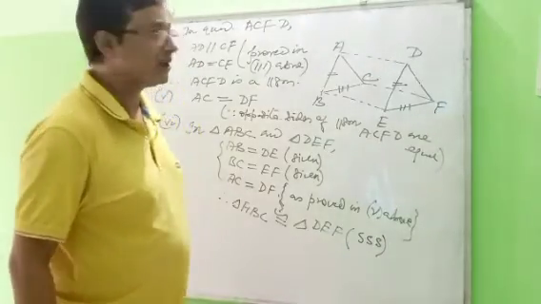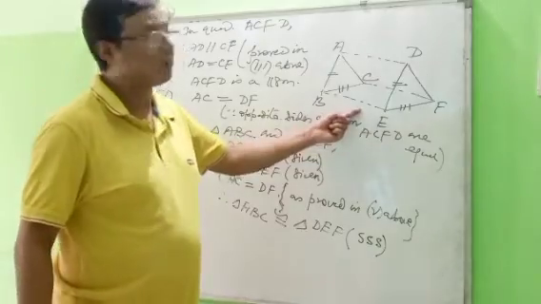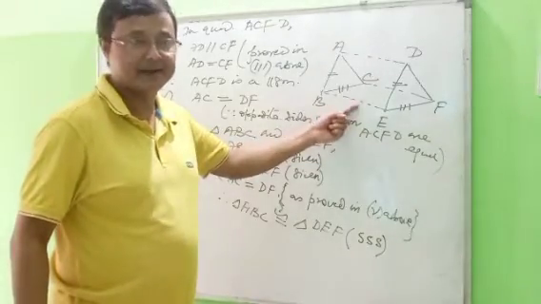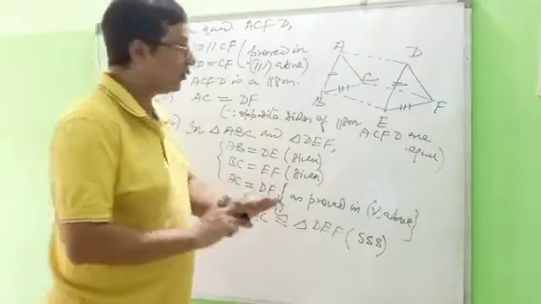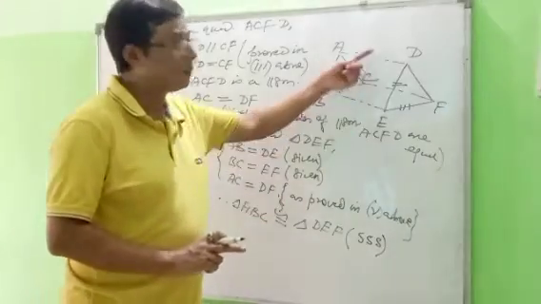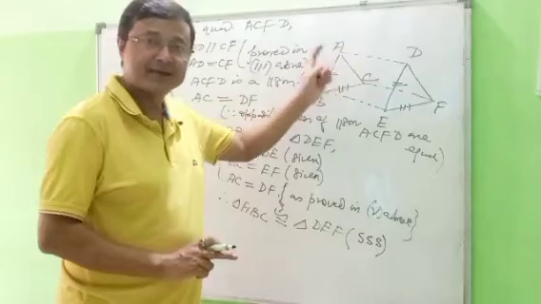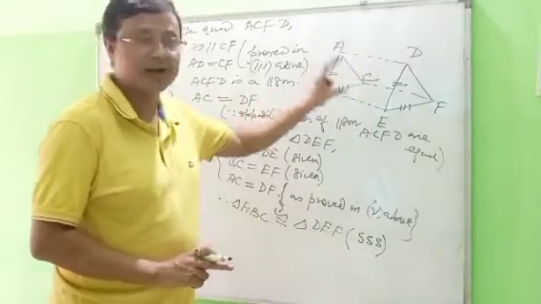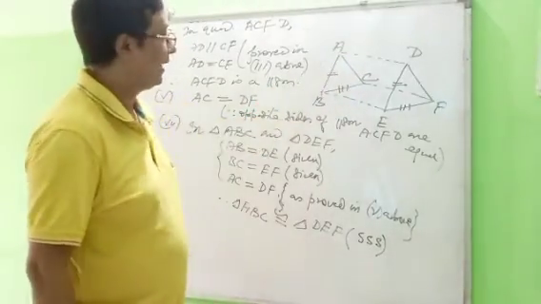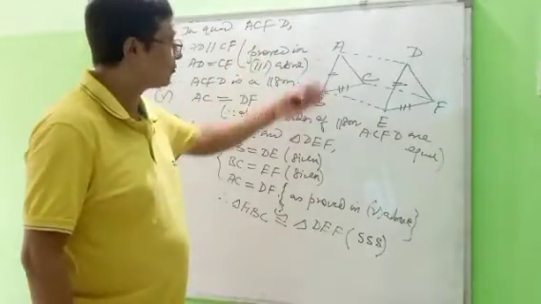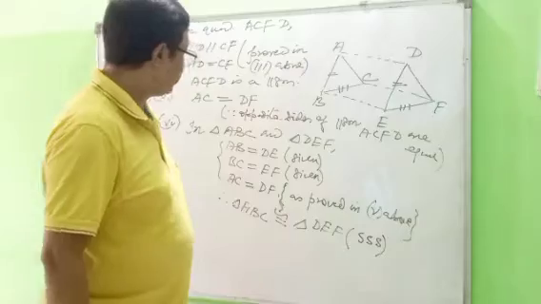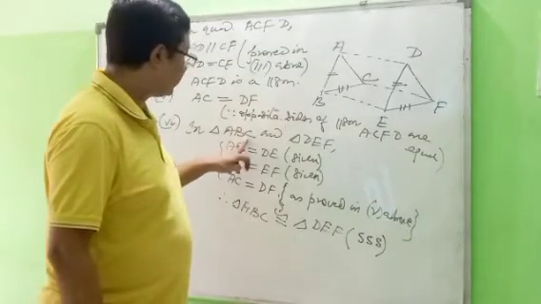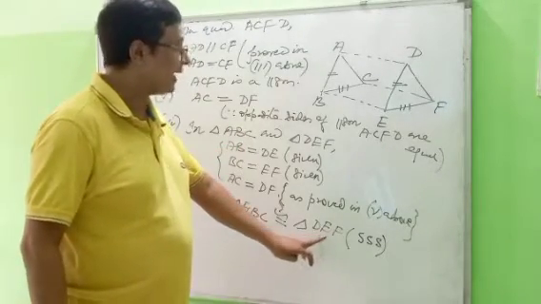The condition used was: if a pair of opposite sides is equal as well as parallel. There were 4 conditions, but here you have used only the single condition, that a pair of opposite sides is equal as well as parallel. In that case the quadrilateral becomes a parallelogram, and the remaining things you can deduce from the previous proofs. In that way you have proved that triangle ABC is congruent to triangle DEF.